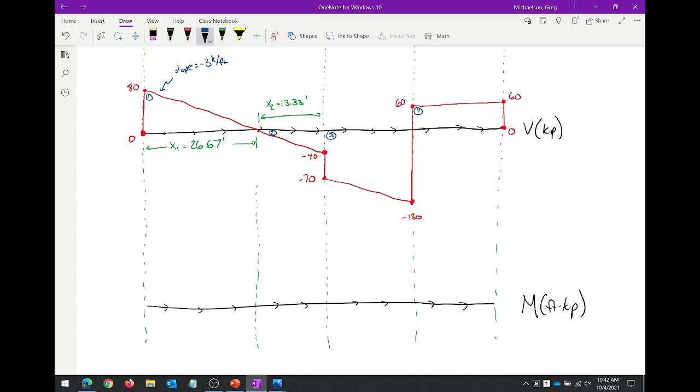Okay. Now we're ready to draw our moment diagram. Now before we start drawing any lines, I just want to get my values right, okay? So watch me and bear with me, okay? So we're starting at 0. What happens from here to here? What's the area from here to here?